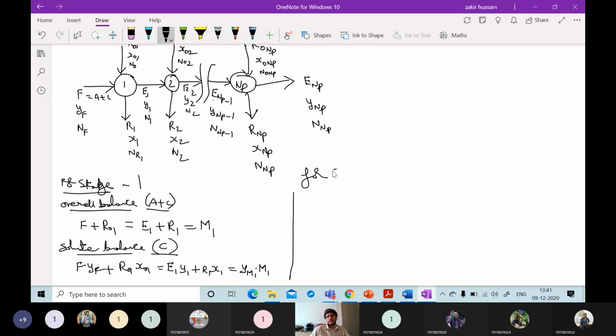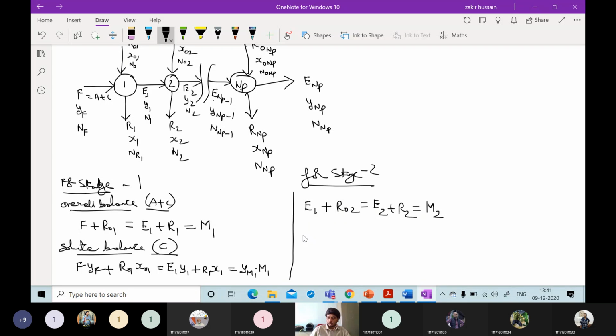Similarly, for stage 2, the output of stage 1 is going as an input to stage 2. So we can say, overall balance, E1 plus R naught 2, which is there on the upside, is equal to two outputs, E2 plus R2, is equal to, for stage 2, some mixed stream M2.